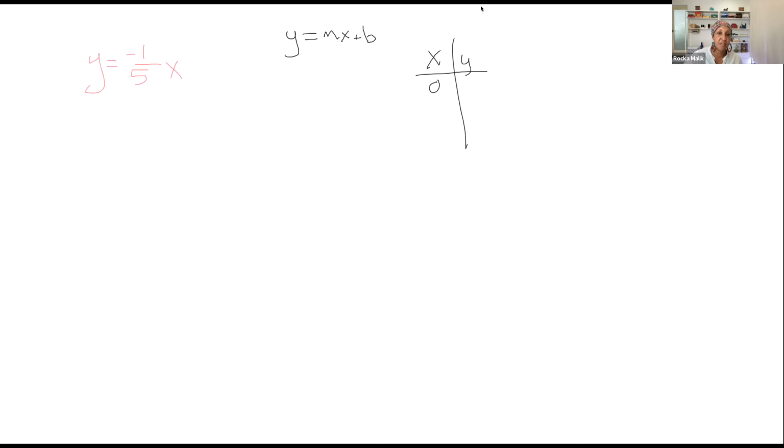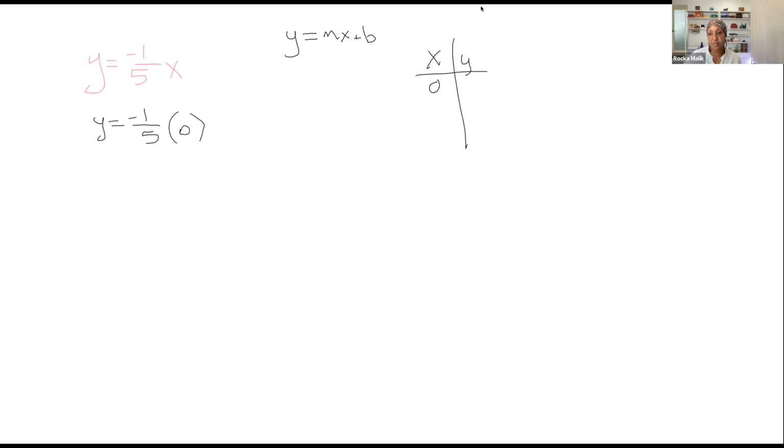So if x is 0, what do I get for y? If x is 0, I have y equals -1/5 times 0. What's -1/5 times 0?